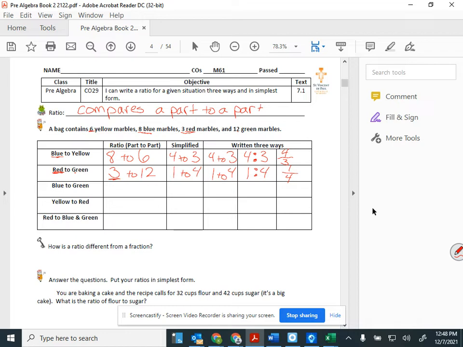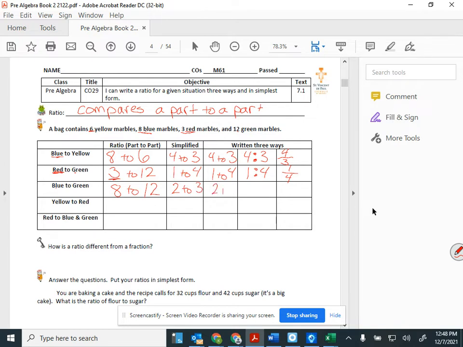Okay. Then we have blue to green. So blue is listed first, so we have to do the blue number first. Green is 12, so 8 to 12. What would my simplified ratio be, Cole? 4. We can divide the 4 out. So 2 to 3.